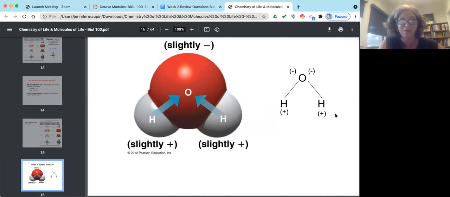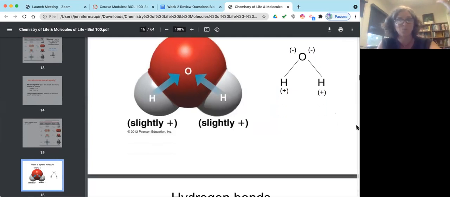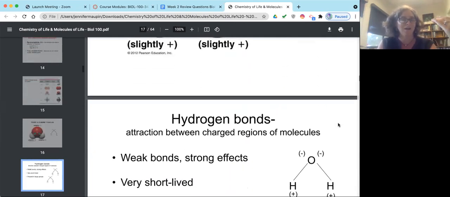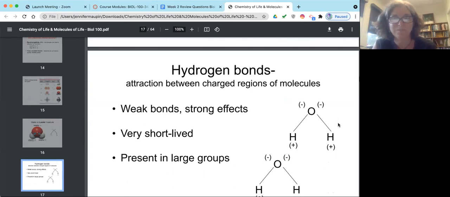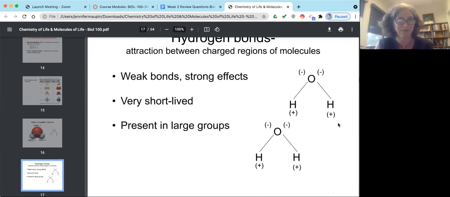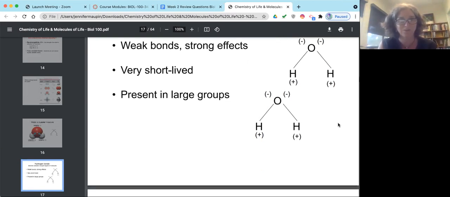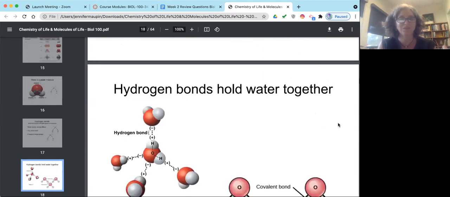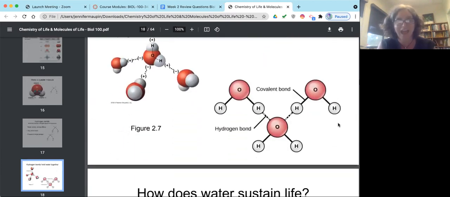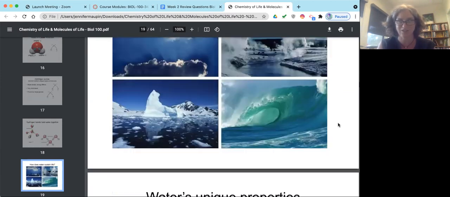But this polarity of water is what leads to these hydrogen bonds forming, right? The hydrogen bonds are these attractions between two different water molecules. And that leads to cohesion and adhesion, surface tension.